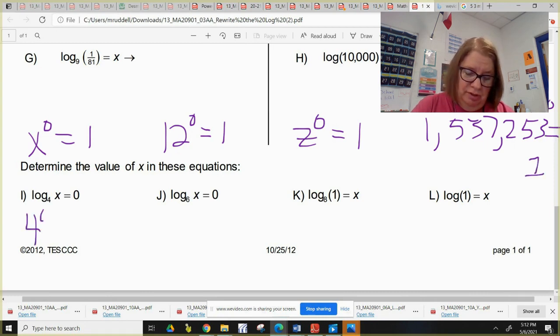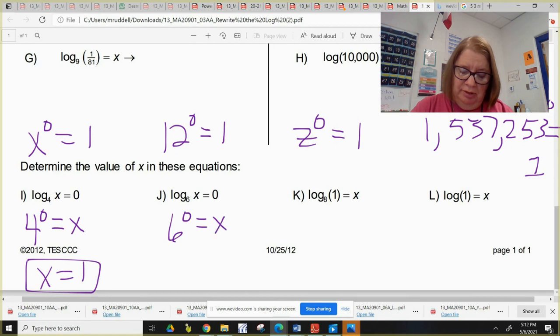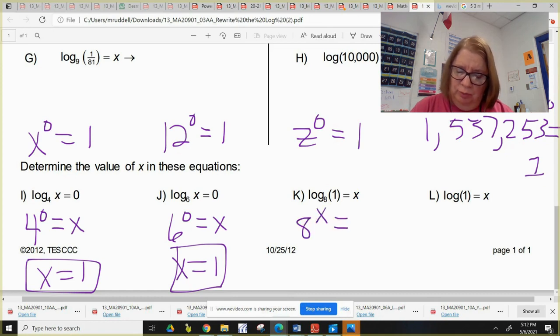So this is 4 to the 0 power equals x. 6 to the 0 power equals x. Now look at this one. If we rewrite this one, it's 8 to the power of x equals 1. Over here, we had our x is 1, so this was 1.